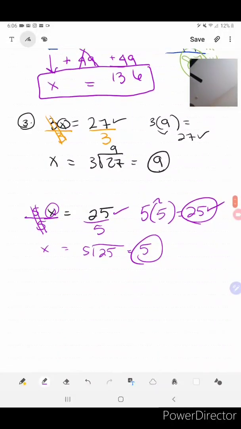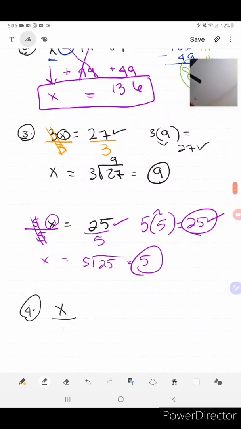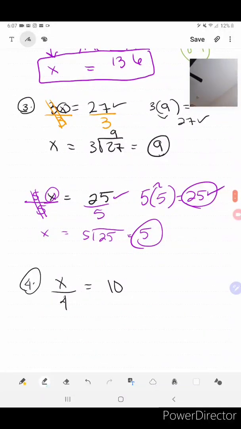So that's for multiplication. And now for division, if you have x over 4 equals, let's see, I think it was 10 that I had up there. So now this means whatever number is on top is saying x divided by 4 equals 10.